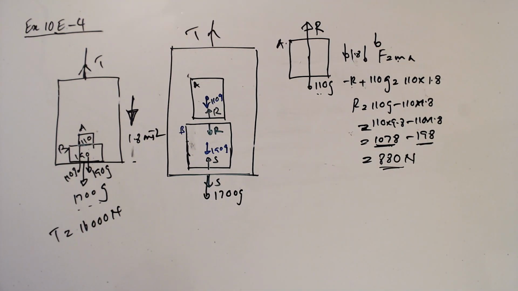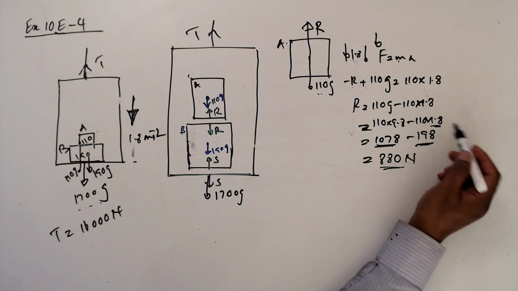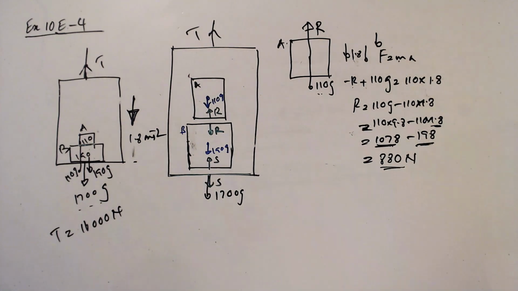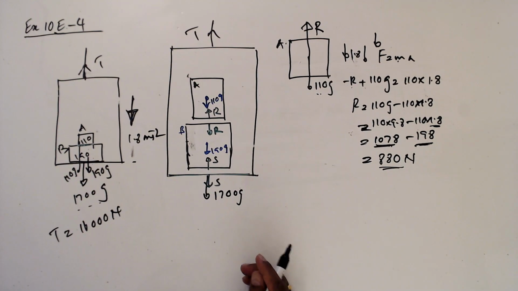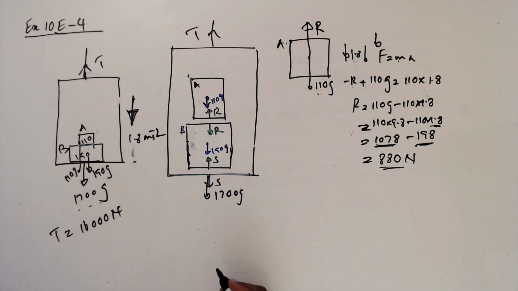That's why when you are in a lift going down, you sometimes feel light, as if your weight is getting less. That is the reason. What will happen if we make this 9.8? Then the R value becomes 0. It's like you are in space if the acceleration becomes 9.8.